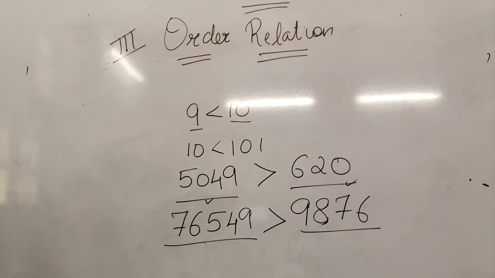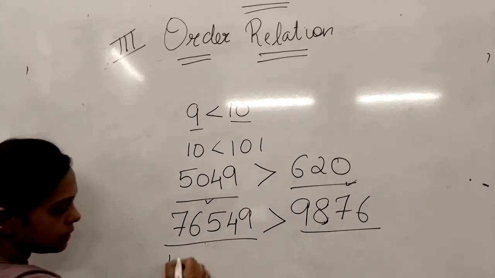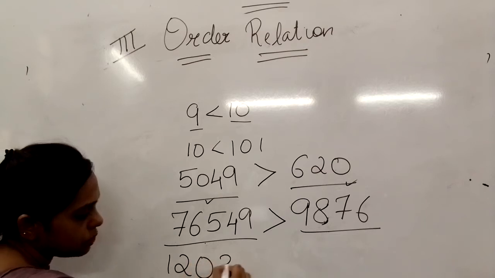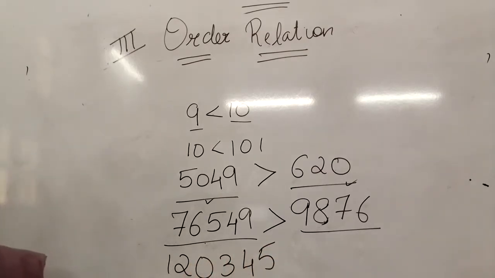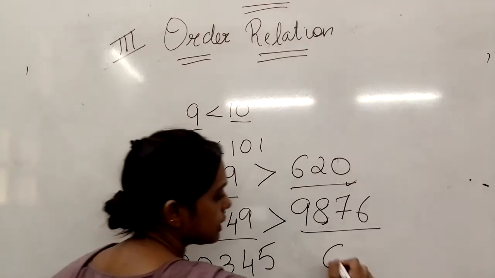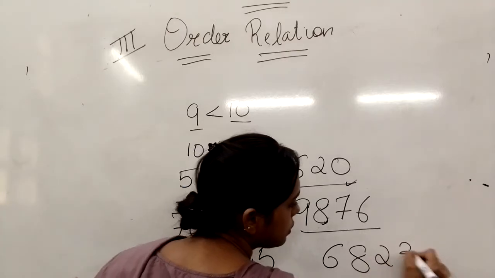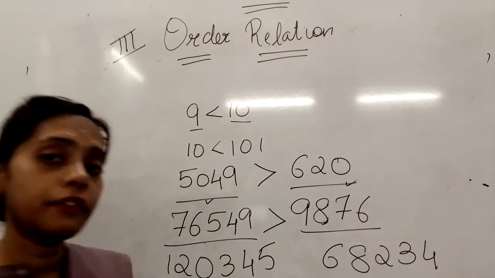Similarly, if I want to write a 6-digit number, now look here, what is the 6-digit number? 1, 2, 0, 3, 4, 5. Okay. This is a 6-digit number. And then I write 6, 8, 2, 3, 4. This is a 5-digit number.